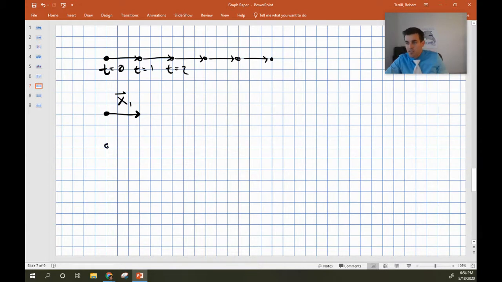Our second displacement vector looks like this. This is x2 because it takes us from our initial position all the way out to our next position.